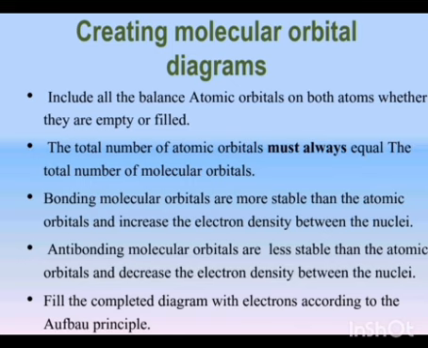Next point, bonding molecular orbitals are more stable than the atomic orbitals and increase the electron density between the nuclei. Next point, anti-bonding molecular orbitals are less stable than the atomic orbitals and decrease the electron density between the nuclei. Last point, fill the complete diagram with electrons according to the above principles.